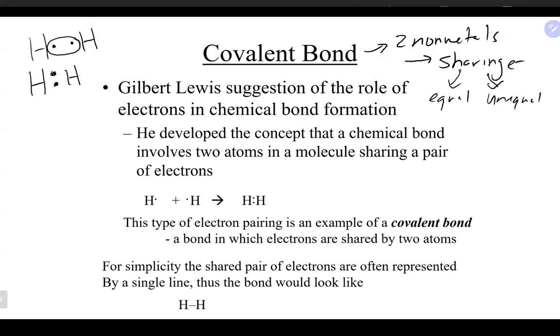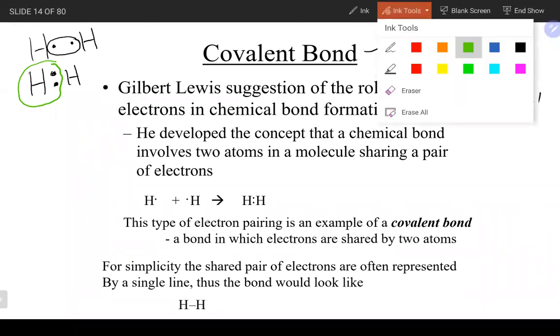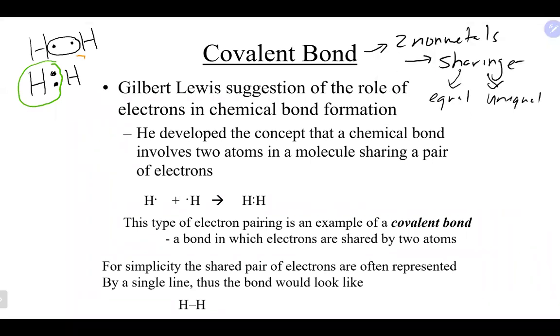So for example, the hydrogen on the left gets to count the 2 electrons there in the middle, and our hydrogen on the right also gets to count those 2 in the middle. And it is that sharing of electrons that allows each hydrogen to end up with 2 electrons.